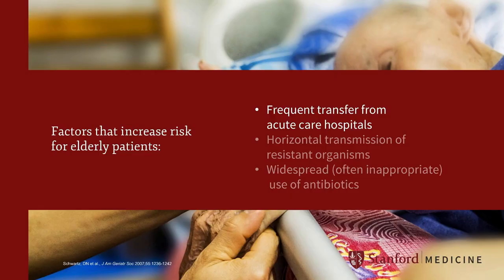First, patients with multi-drug resistant organisms are often too sick to go home and therefore must be discharged to long-term care. Second, there is a propensity for horizontal transmission of resistant organisms within long-term care facilities, given largely poor infection control practices and an increase in invasive devices and procedures.